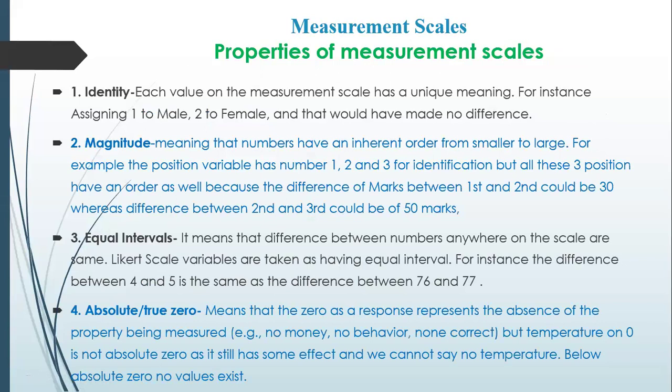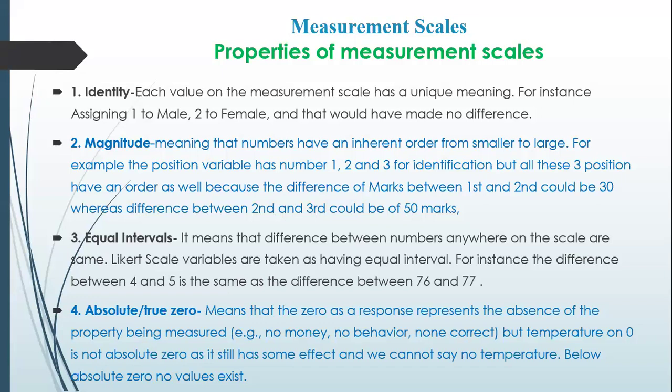Remember, in our measurements it is not necessary to have all 4 properties, but there should be one or more properties. It is not necessary to have all 4 properties in one measurement. So we have to understand that. The first one is identity.